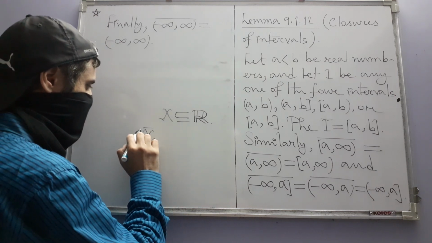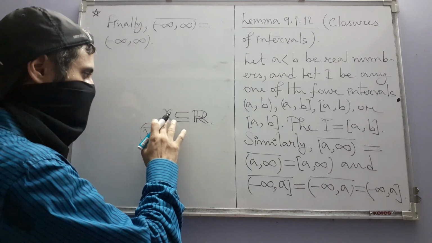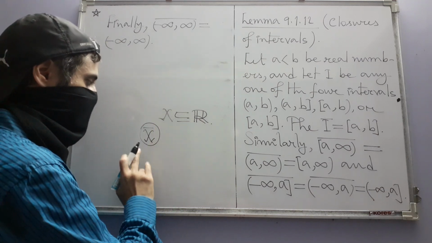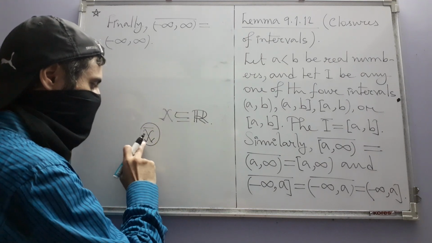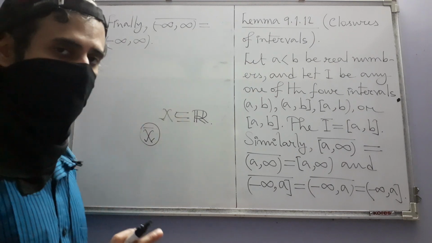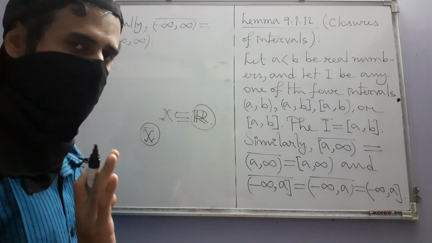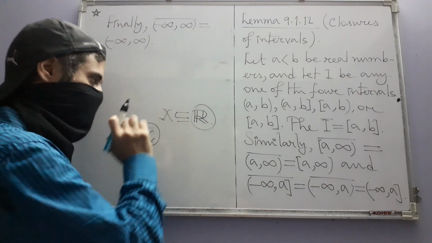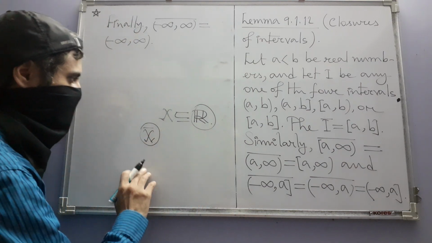By definition, it is the set of all adherent points of X. And by definition, an adherent point of the set X is a point which satisfies some conditions, but it's a point from where? It's a real number first and foremost, and then it satisfies some conditions. Loosely speaking, it sticks close to X. Okay, so that's why it adheres to X, so it's an adherent point.